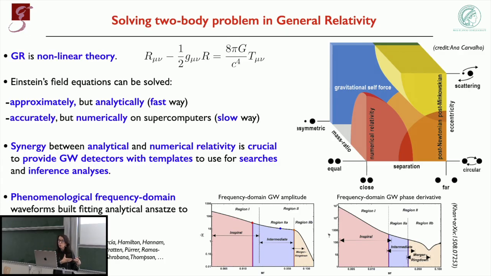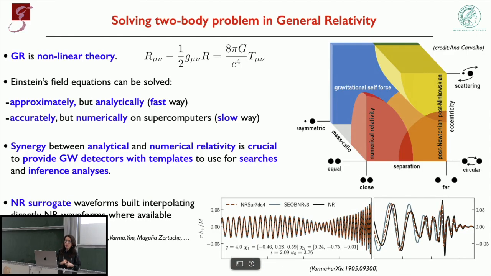It's not like producing the waveform in time domain, solving some equations, but they are more approximate than, or less accurate than, the previous one, because you have to do some approximation in order to put this expression in closed form. And these plots here represent the amplitude of the wave and the derivative of the phase of the waveform for a particular value of the parameters of the binary as a function of the frequency, just to show you that it's a quite smooth function.